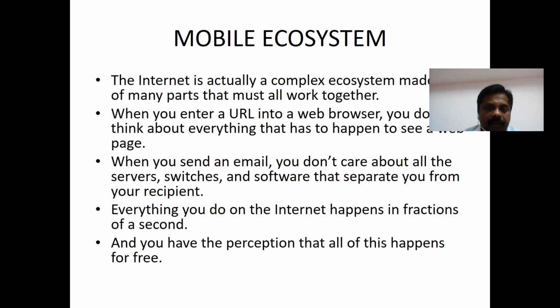But nowadays all these are combined together. We can use the internet in mobile itself. What operations you do in a computer system, we can also perform in a mobile system.